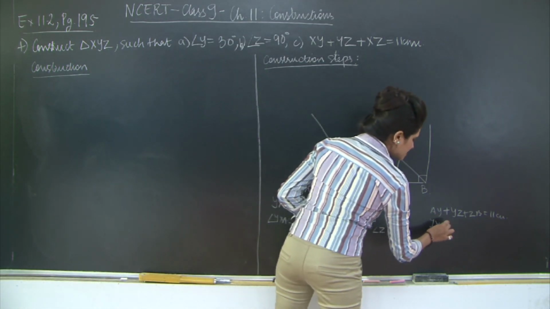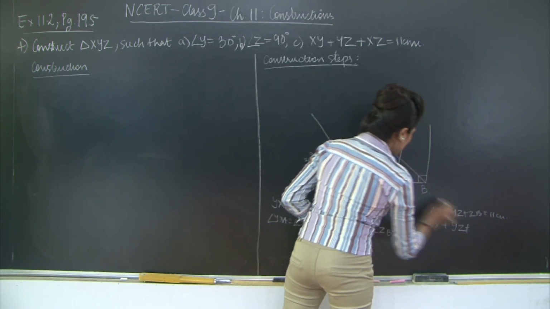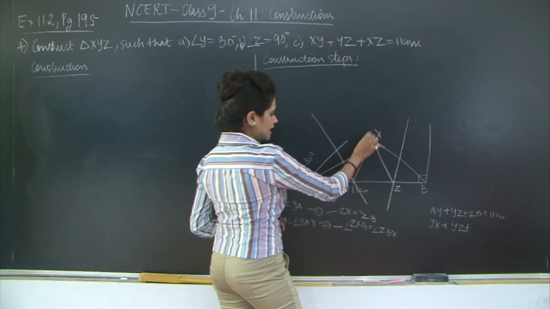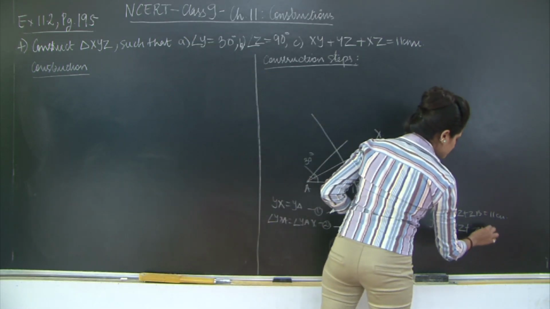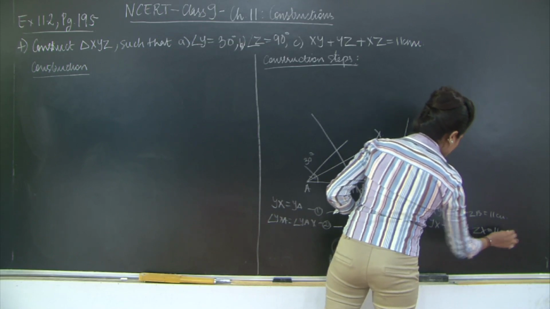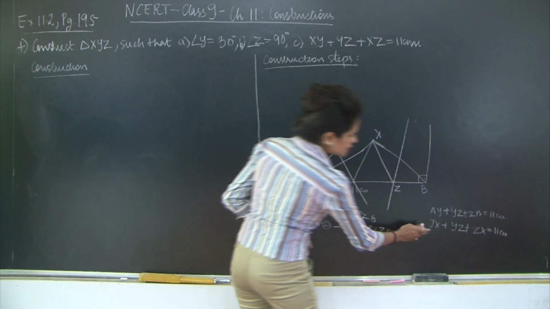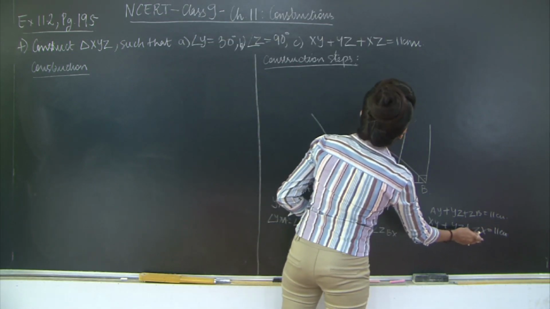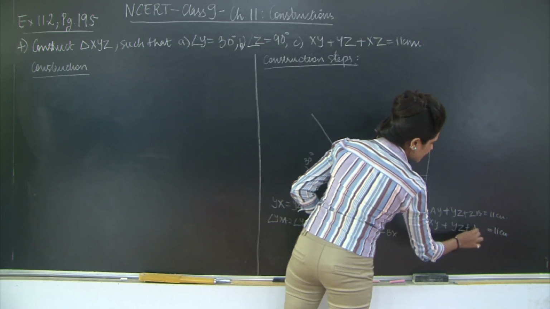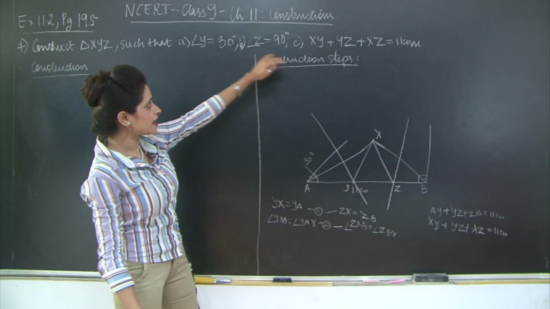So YX plus YZ stays as it is, plus ZB is equal to ZX, which is equal to 11 centimeters. So what are you getting? This can be written as XY plus YZ plus XZ, I am just writing ZX as XZ, is equal to 11 centimeters. So the first part is proved.